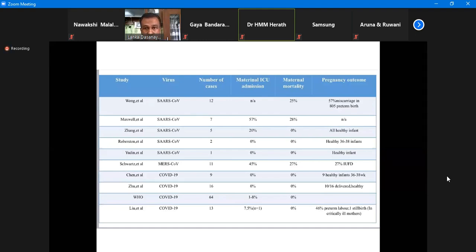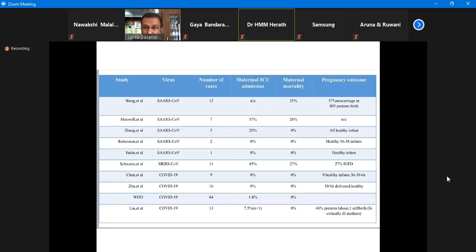And there are a few maternal deaths around the world, but those are not directly related to this virus. Most case series show zero maternal mortality.